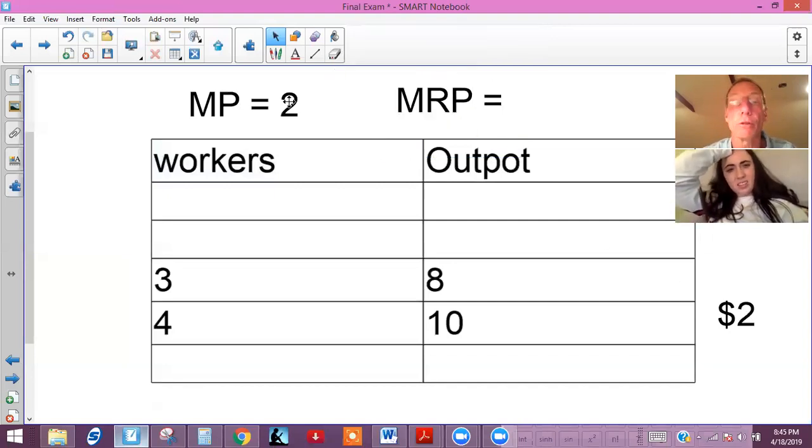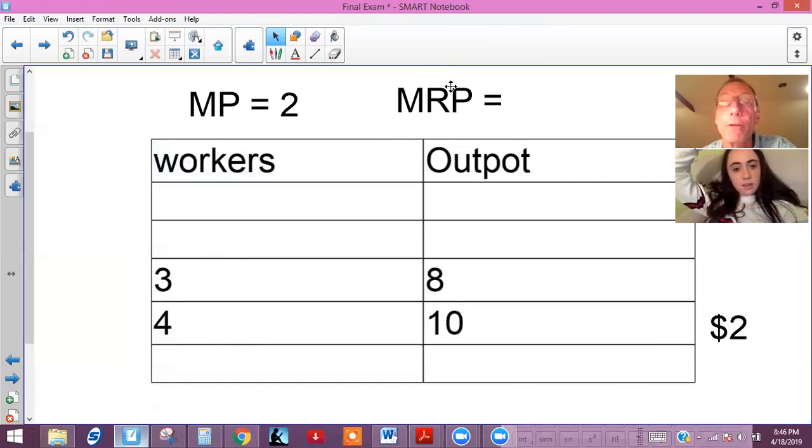2 times 2? Come on. He's the fourth worker, I should say. The fourth worker is what we're talking about here. What's his marginal revenue product? His marginal product is 2, right? Because when we hired him, the company's total went from 8 to 10, which means his marginal product was 2.